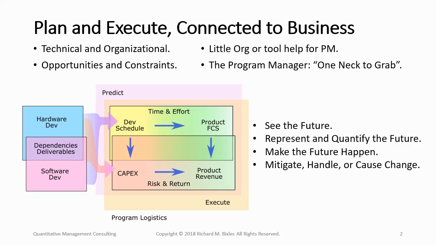PMs know, they've been told often, they're the one neck to grab if anything goes wrong. These plans are quite detailed, involving technically explicit logistics for processes of design, build, integration, test, release, field use, and support, involving parallel paths through organizations within and outside the company. A credible plan for time and budget based on significant due diligence and in fact constraining the future is needed while much of the effort is still conceptual.